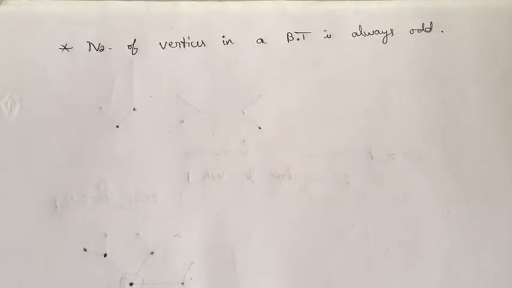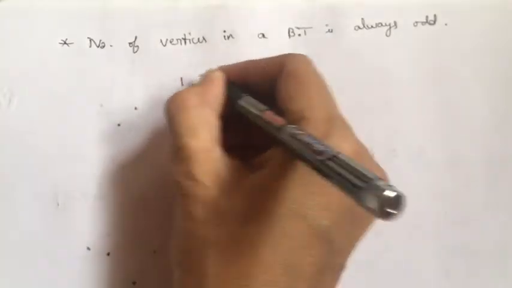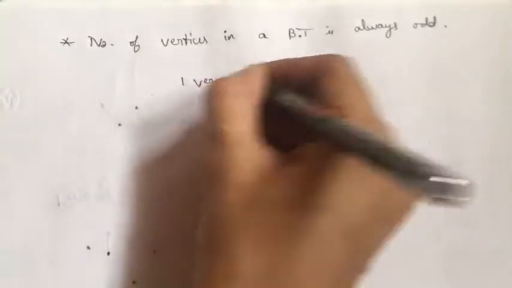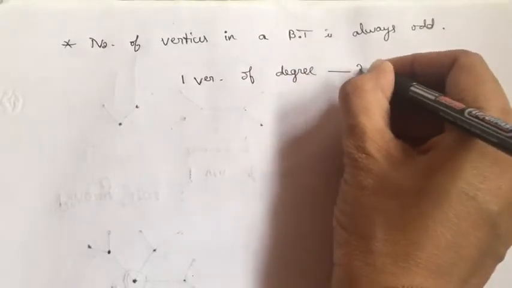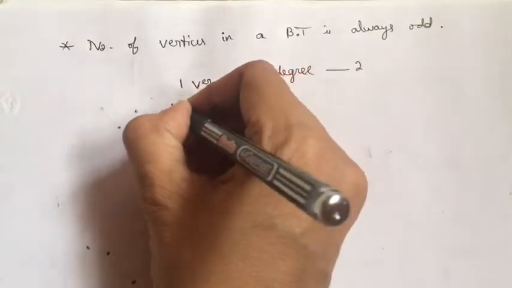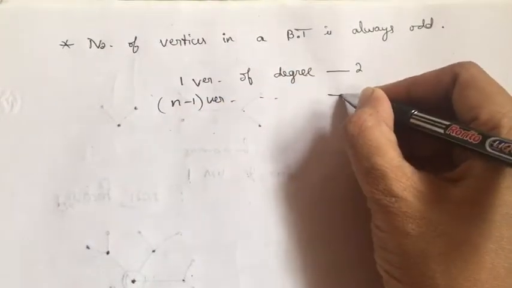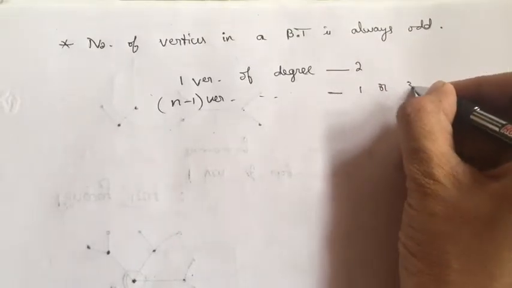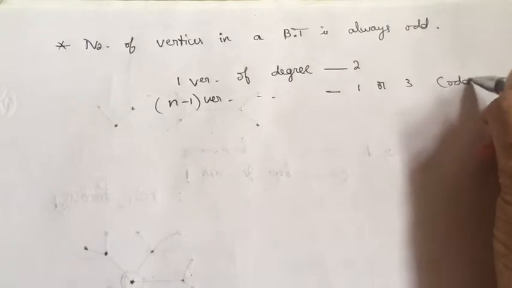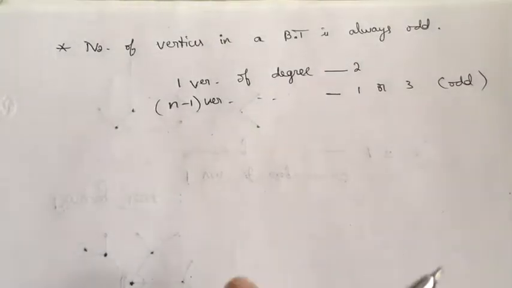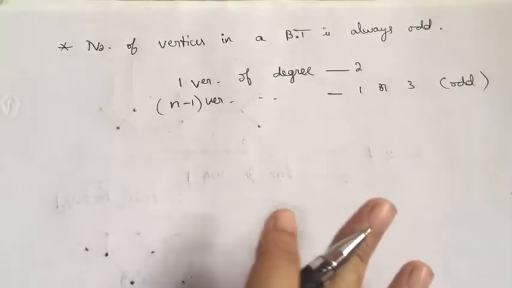In a binary tree, I know one vertex is of degree 2, and the remaining n minus 1 vertices are of degree 1 or 3, that means of odd degree. We already know that the number of odd degree vertices in a graph is always even.